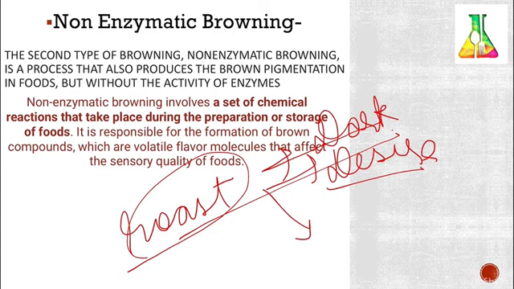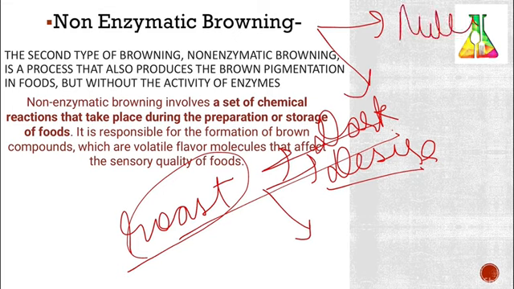The unsaturated carbonyl compounds that are formed react to produce brown polymers and flavor compounds. Non-enzymatic browning mainly involves sugar and sugar-related compounds. It is broadly classified into Maillard's reaction and caramelization, and the third part covers ascorbic acid and the browning due to some utensils.